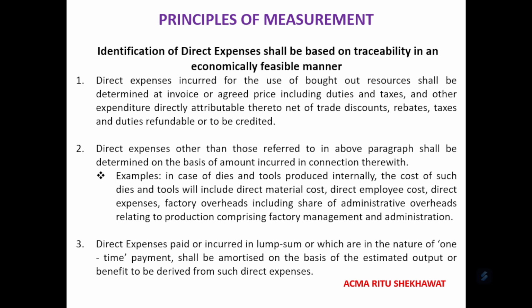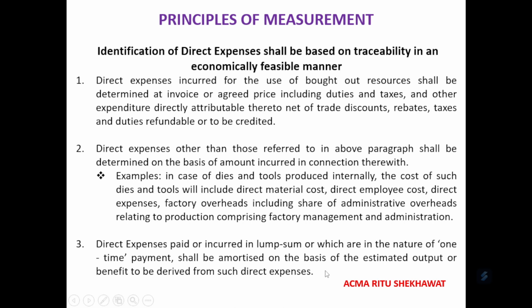There is a one-time direct expense incurred in relation to the product, and the benefit we are going to receive from it will come over multiple years. If you want to enjoy the benefits of direct expenses incurred today, and the output is coming in later years, then it should be amortized.